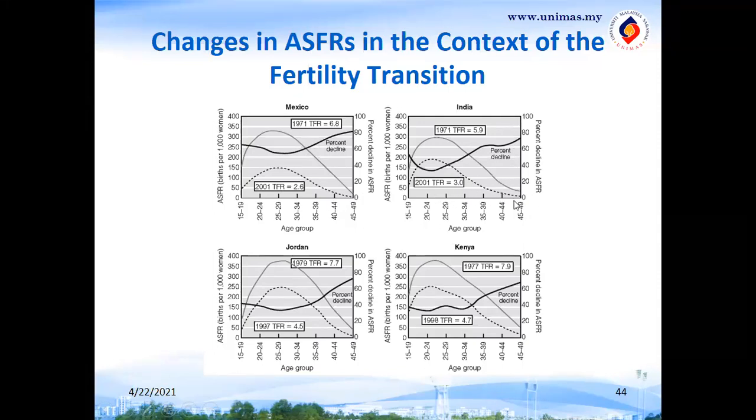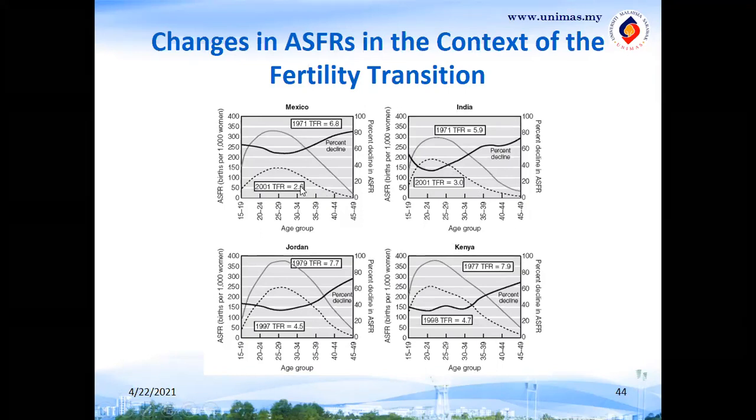This is by age, of course, you know that. So as the age gets higher, as the age group gets higher towards the end of the reproductive years, the rate becomes lower, the age-specific fertility. The same thing with Jordan, but you can see the differences among different countries in terms of the changes in the ASFR.